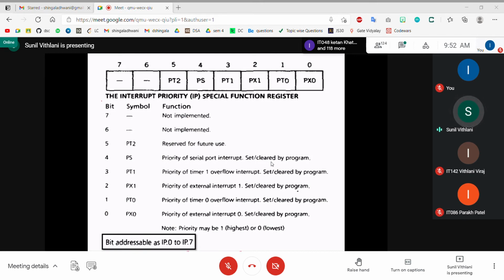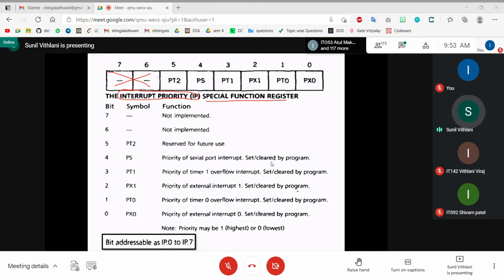For setting a priority, we have this interrupt priority special function register. In this register, these two bits are not used and the remaining bits are related to your interrupts. So a bit will be 1 or 0.